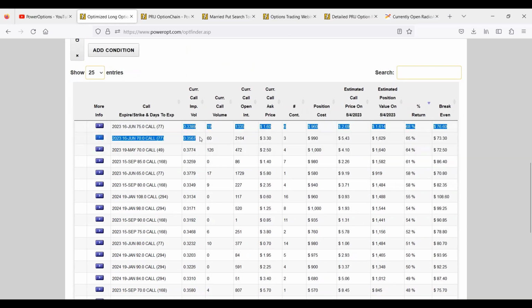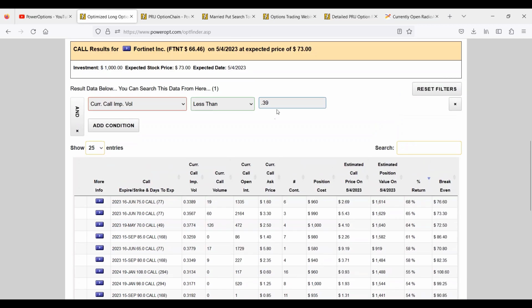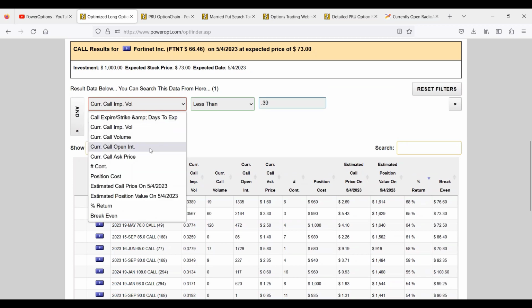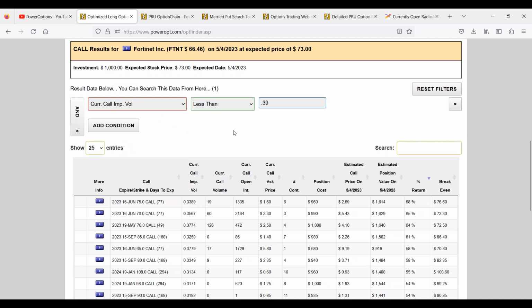So now every option that appears, and still my top ones do have the lower volatility, they didn't reach that higher implied volatility area. This is not the percent implied volatility range. I might add that in myself or have the programmers add that in for me later on.